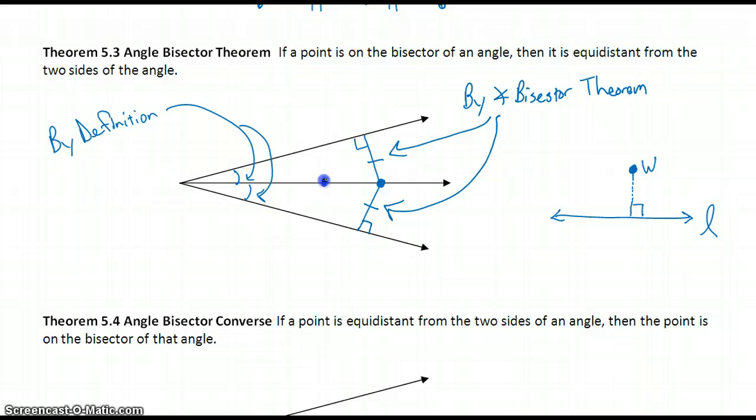So if I move this point to here, these two distances will be the same. Now be careful. A lot of students will try to draw in that line. This is not the distance between this point and this side. The distance has to be the segment that makes a right angle between the side and this segment.